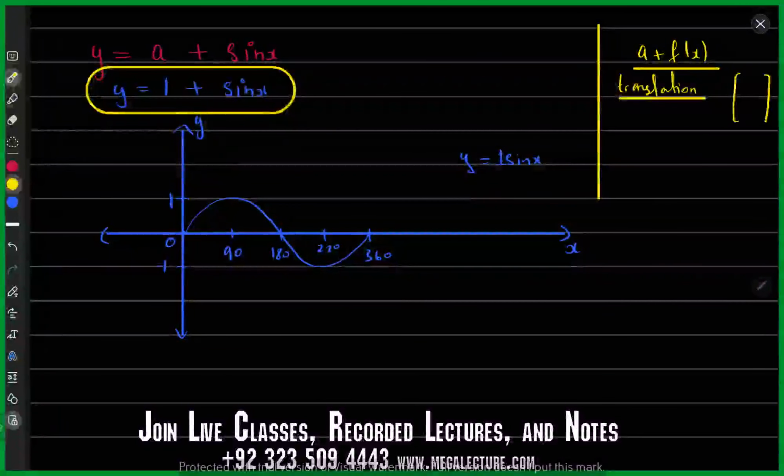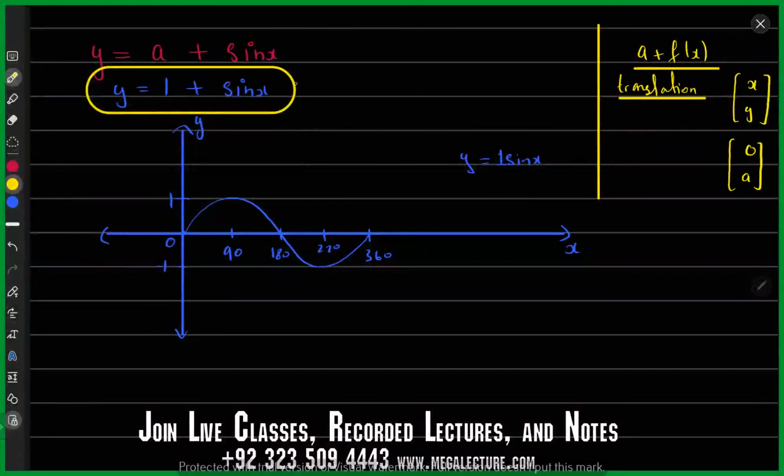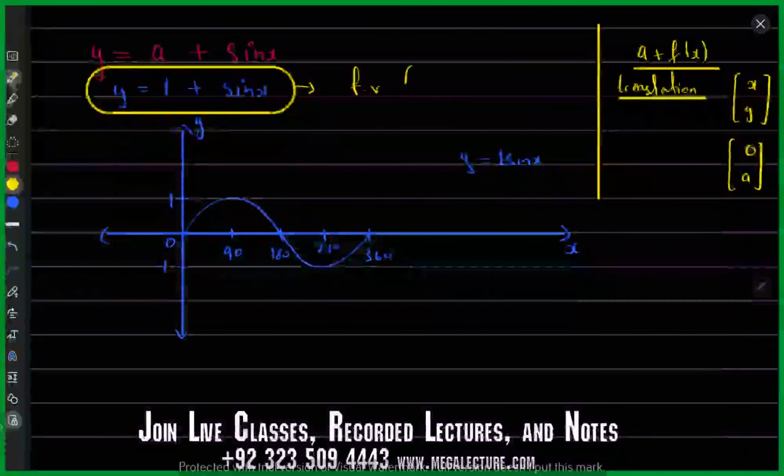And the change is being made along y axis only, right? So this part used to be for x, this part used to be for y. And if I talk about our scenario, this would be 0 and a. And for this specific example, the translation vector is going to be 0 and 1.